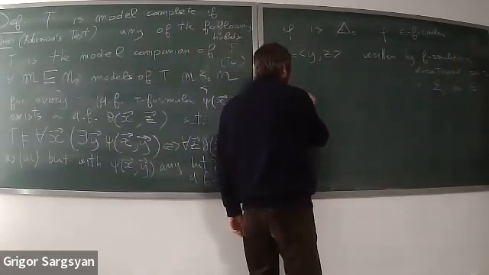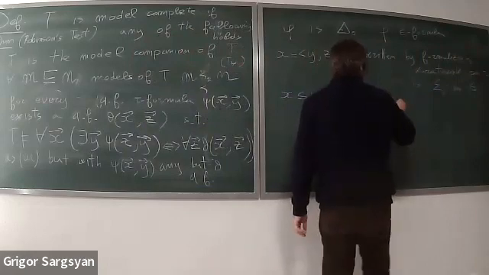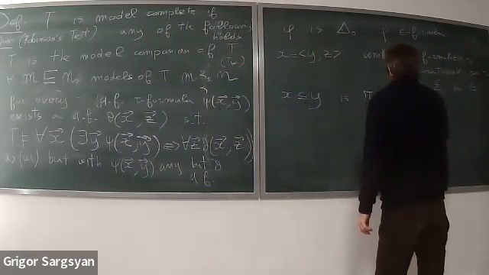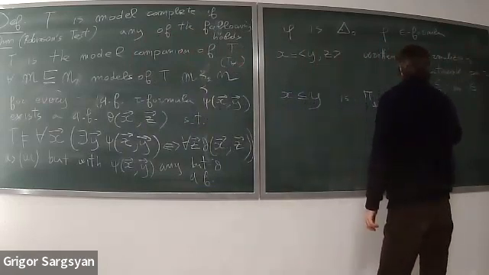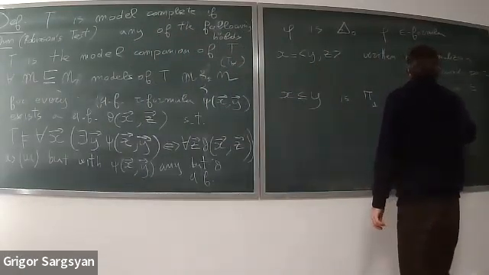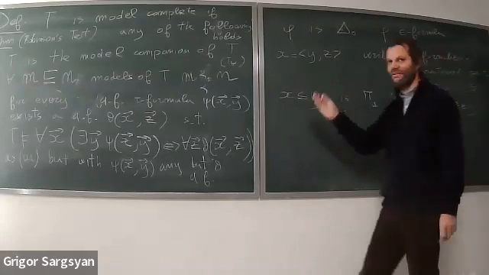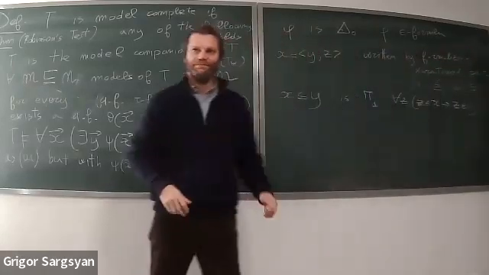X contained in Y is pi 1. It says for all Z, if Z belongs to X then Z belongs to Y. So this is a simple concept and it's universal.